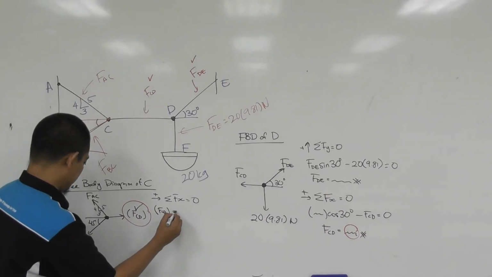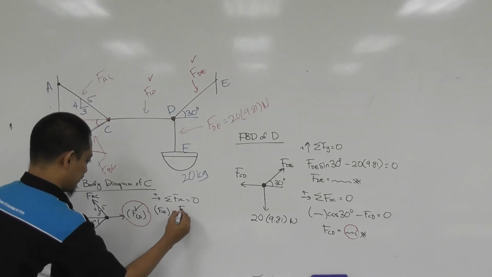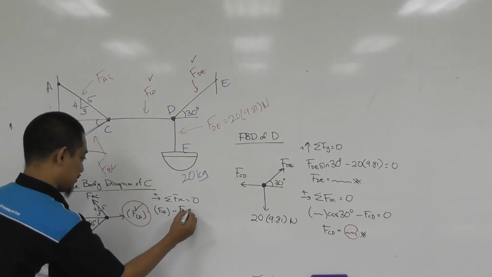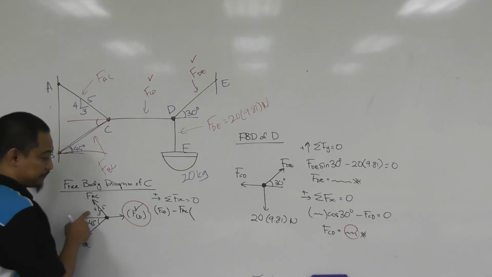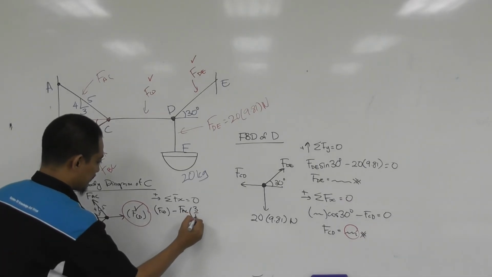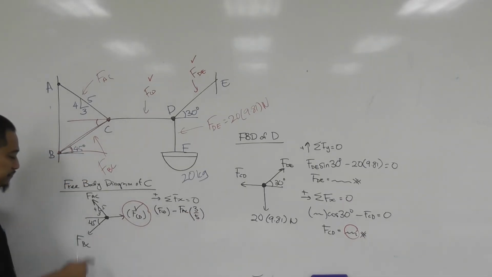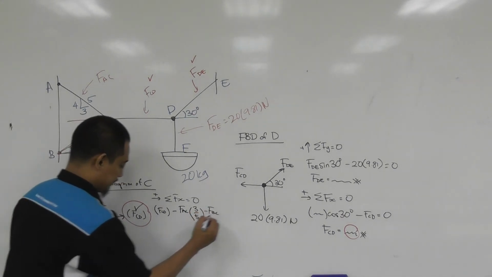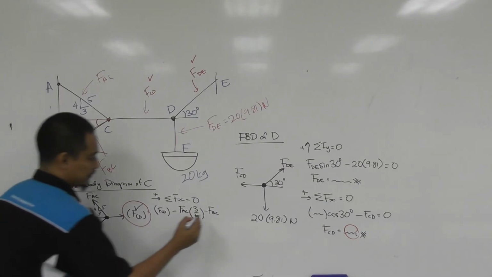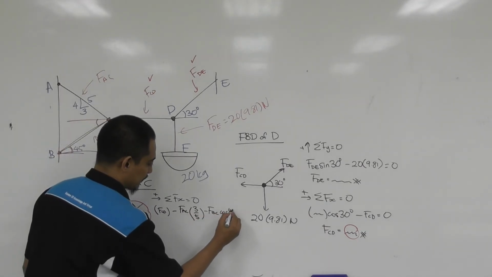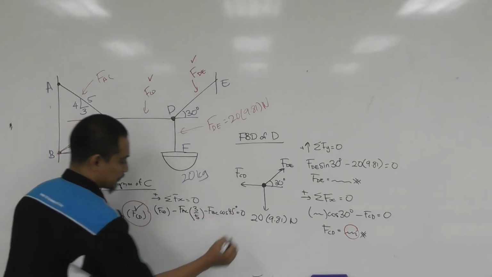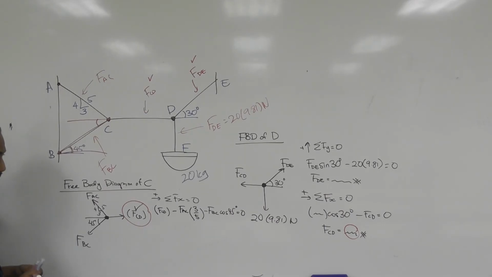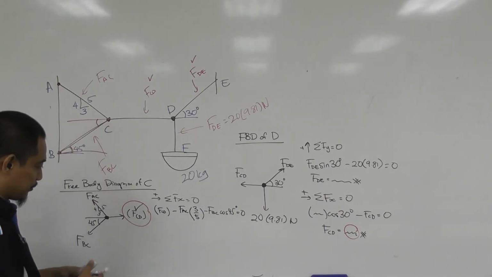So minus FEC 3/5, right? And then minus FBC cos 45 degrees equal to 0. Right? So that's one equation.